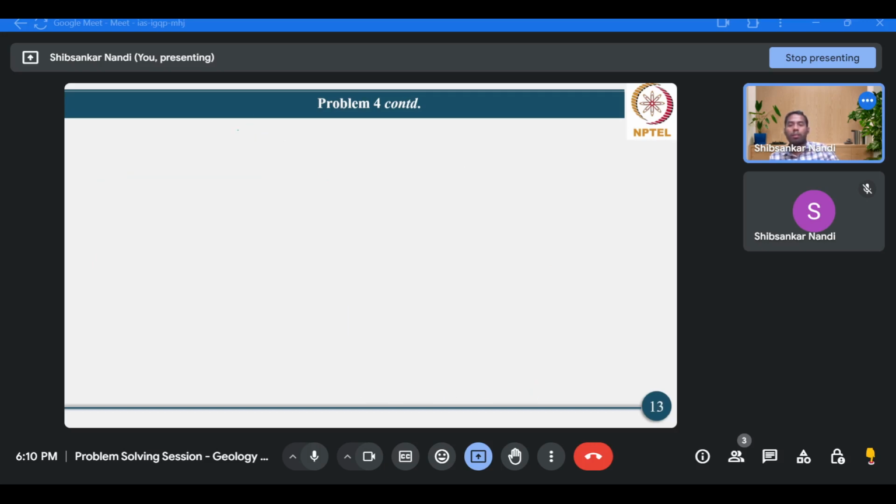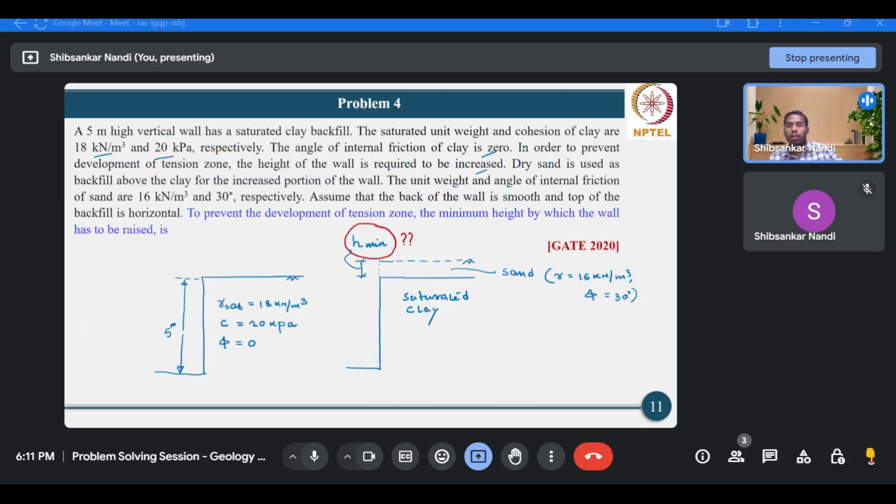So H minimum will be 2C by gamma sand, 2 into 20. Now what is the unit weight of sand? It is 16.